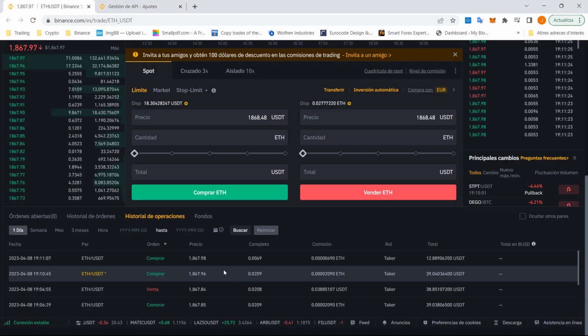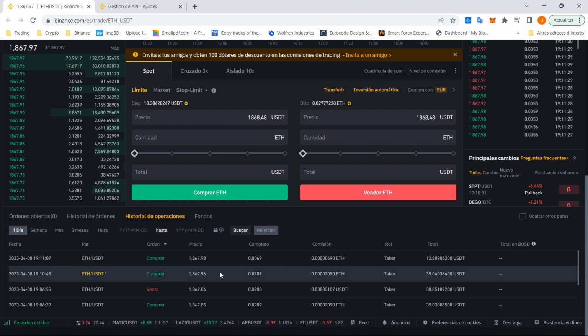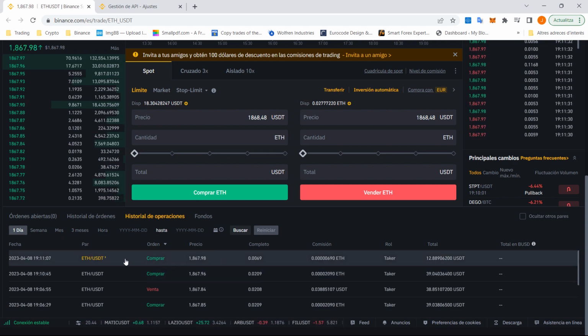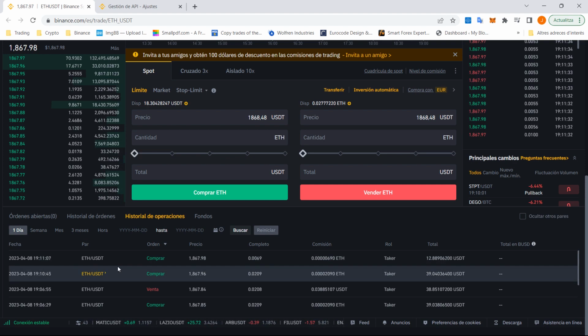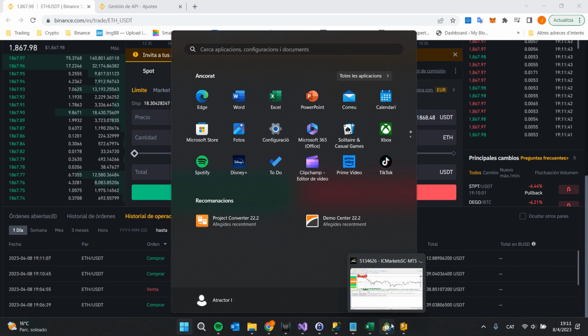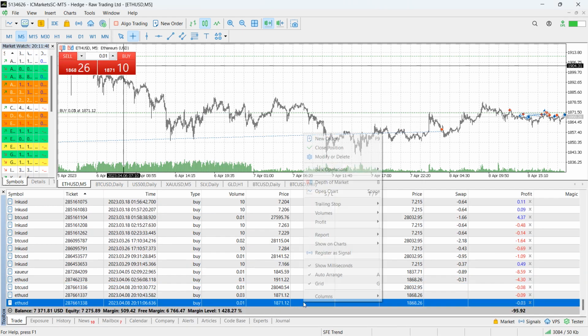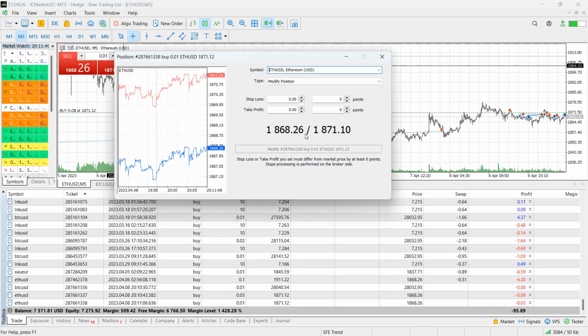This means the balance of Ethereum has increased by that number, and the balance of USDT has decreased. For example, I'm going to put a take profit and a stop loss.